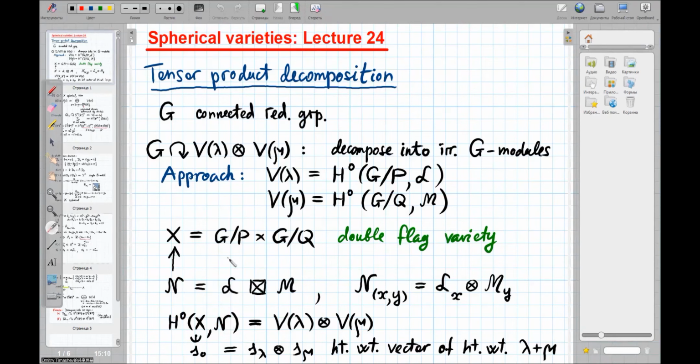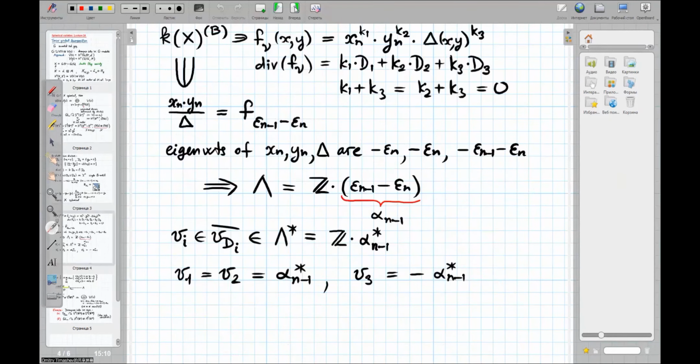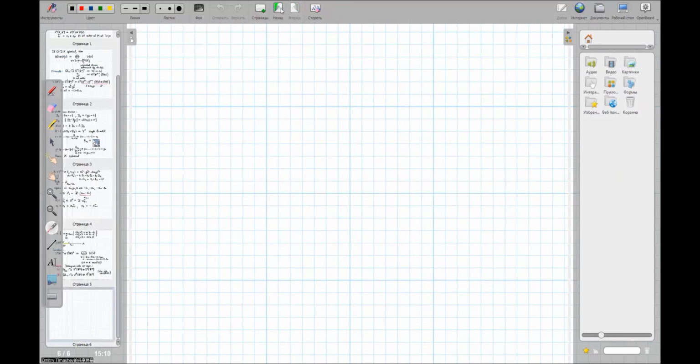Okay, you are welcome. So what I wanted to say to conclude this discussion about this tensor product decomposition problem, I wanted to say that actually spherical double flag varieties are classified. So the classification, let me write like this.